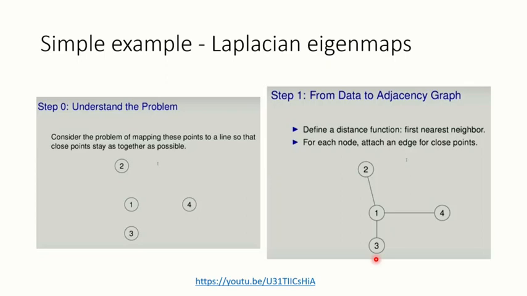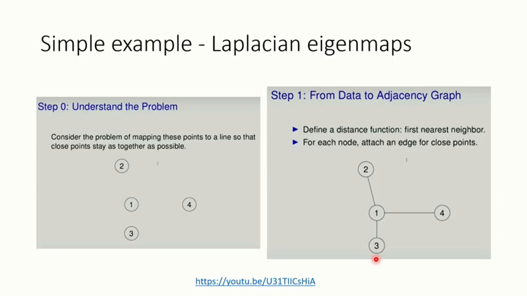A small example, not a very good example though. This is a 2D example. We want to project these 4 data points onto 1D. So put them into a line, and 1, 2, 3 will be here, 1, 2, 3, 4 will be here.